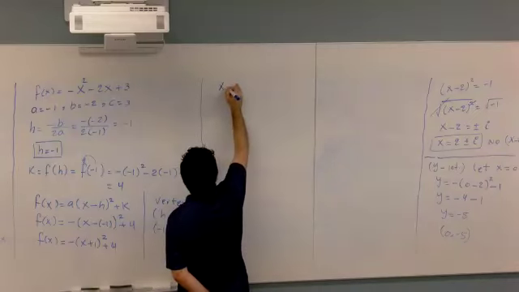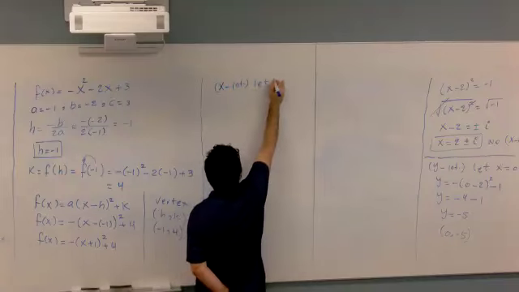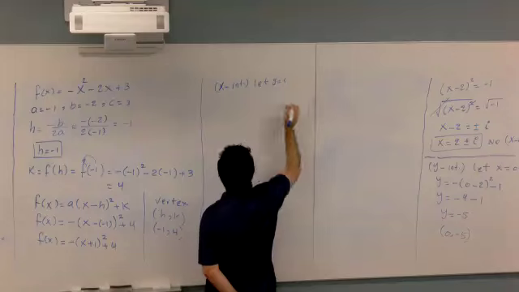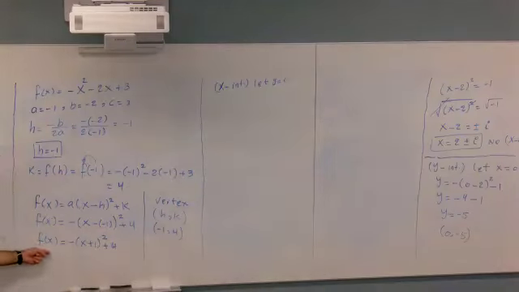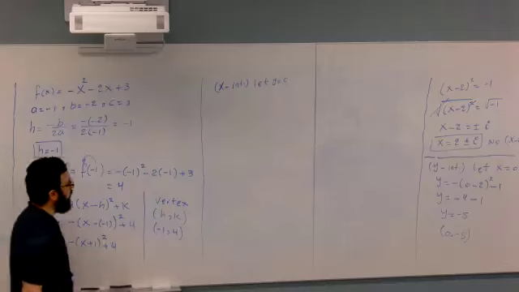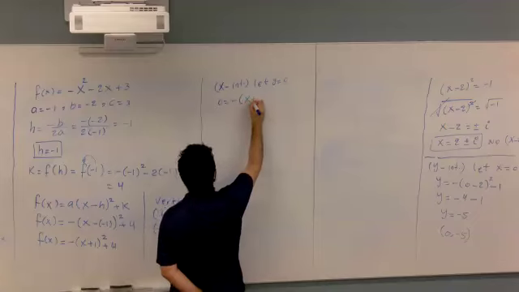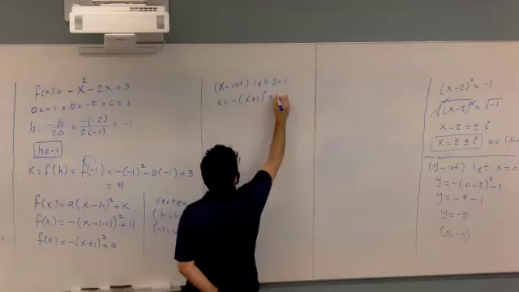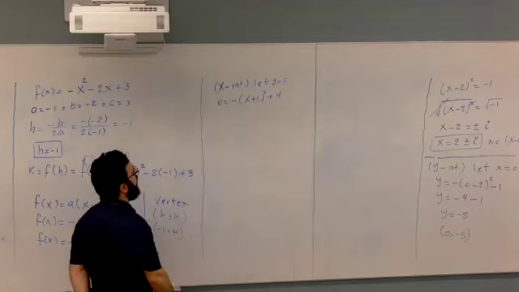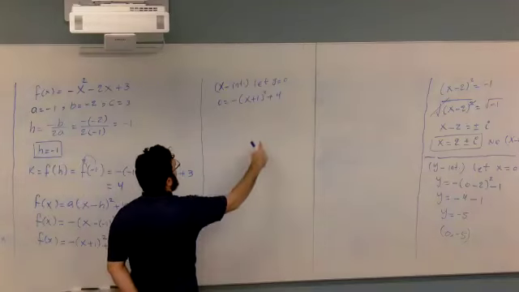First of all, x-intercept: let y equal 0. Go and use the vertex formula here. Plug in y equals 0 here. So 0 equals negative (x plus 1) squared plus 4. Then what am I going to do?